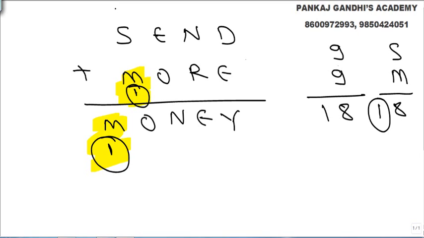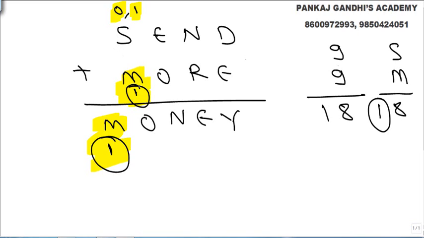But with two things summation, if this summation is less than 10, we get 0 carry forward. If summation is more than 10, we get 1. Two things summation, maximum can be 18. So either 0 carry forward or 1 carry forward.